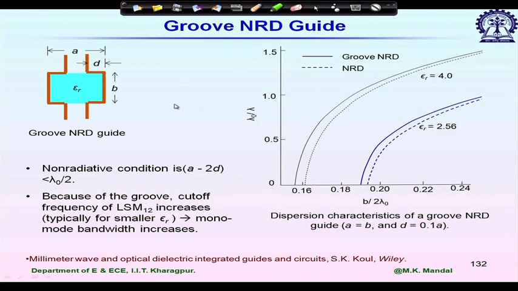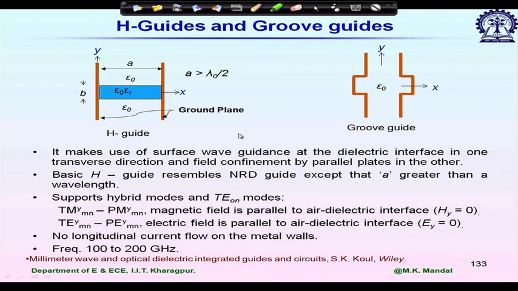Some other guides, group insulated guide. So, in this example you see the middle part we are using a little thicker, and this actually increases the separation between two different modes. This is another example, H-guide and groove guide.